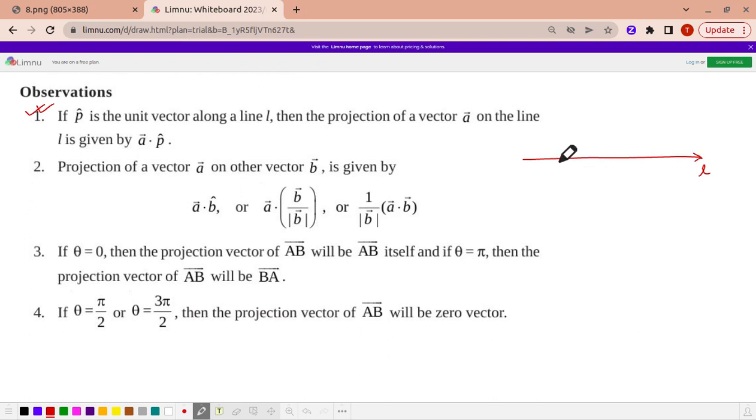P is a unit vector along this line L. That means, suppose this is the vector P and its magnitude is 1, that is why it is a unit vector. Now, we have another vector A, and that vector A I am describing something like this. Suppose this is the vector A.